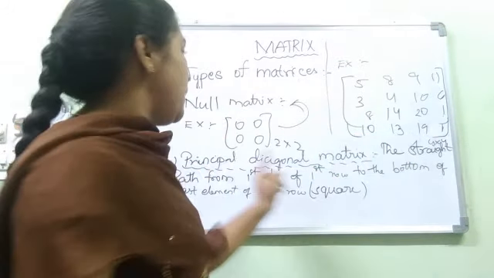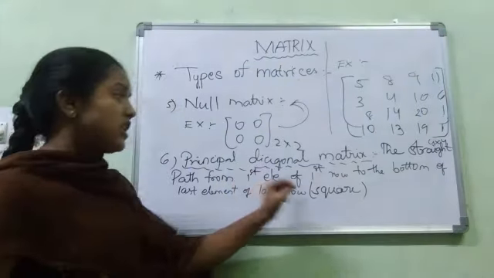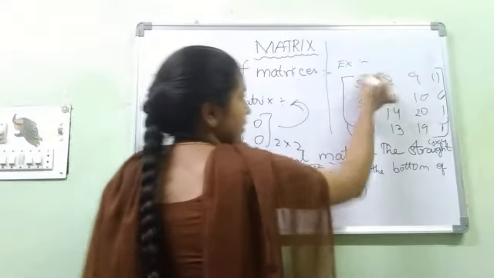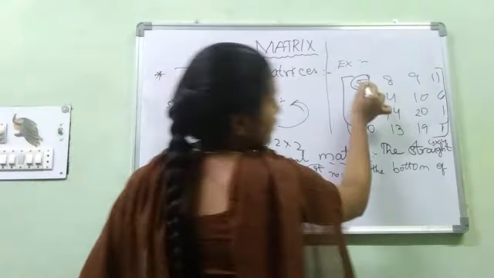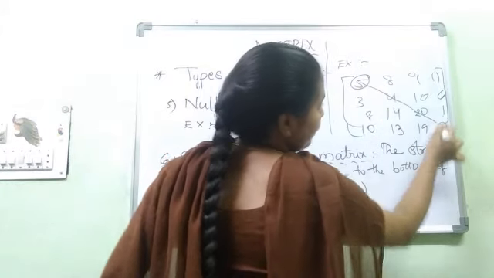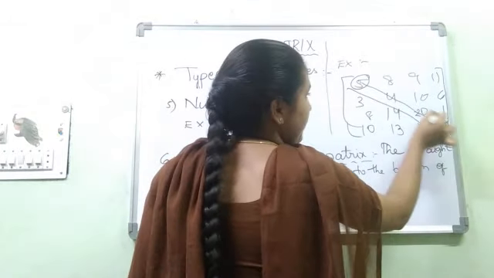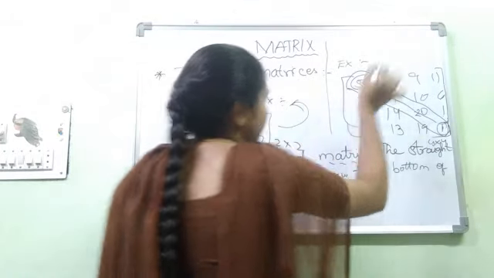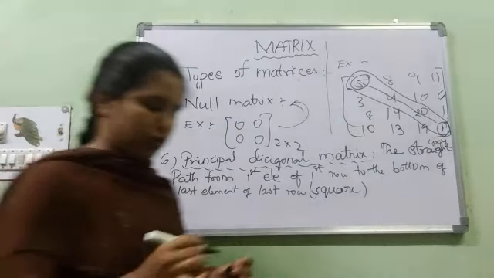So the principal diagonal matrix is the straight path from first element of first row to the bottom of last element of last row. Okay. So this is called principal diagonal matrix. Okay. You have understood this now. So next we can go through diagonal matrix.